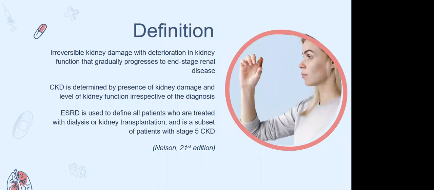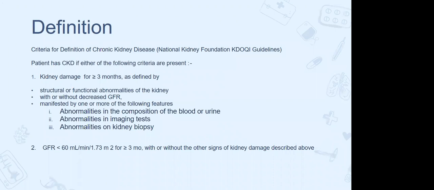Okay, next. And another definition is according to the National Kidney Foundation KDIGO guidelines, it defines the criteria that patients must have fulfilled to say that the patient has CKD, if either of the two following criteria. So the first criterion is when the kidney damage occurs for at least 3 months and more, and is defined by the presence of structural or functional abnormalities of the kidney, with or without decrease of the GFR, and it manifests by one or more of the following features: abnormalities in the composition of the blood or urine, abnormalities in the imaging test, and abnormalities on the kidney biopsy.